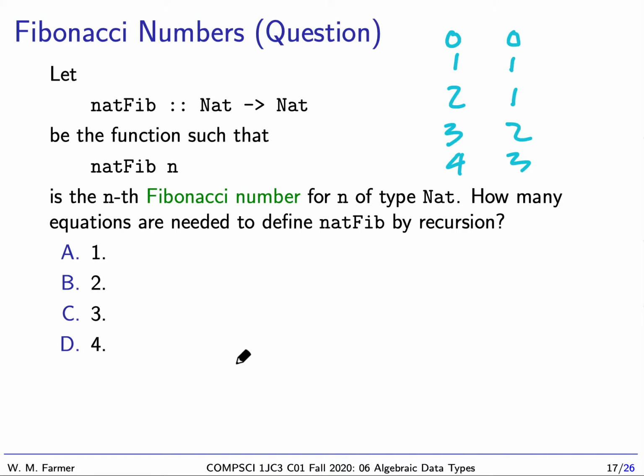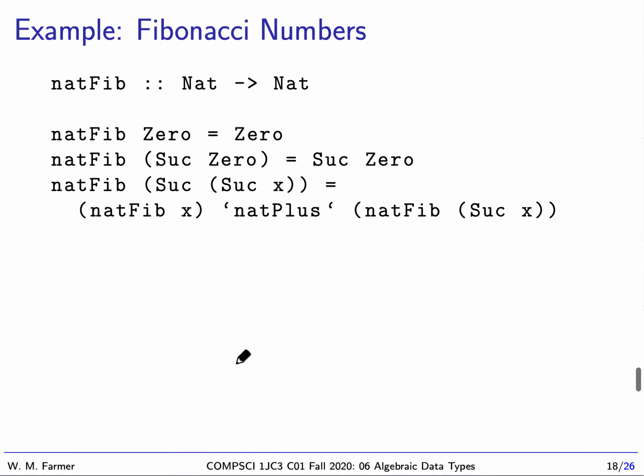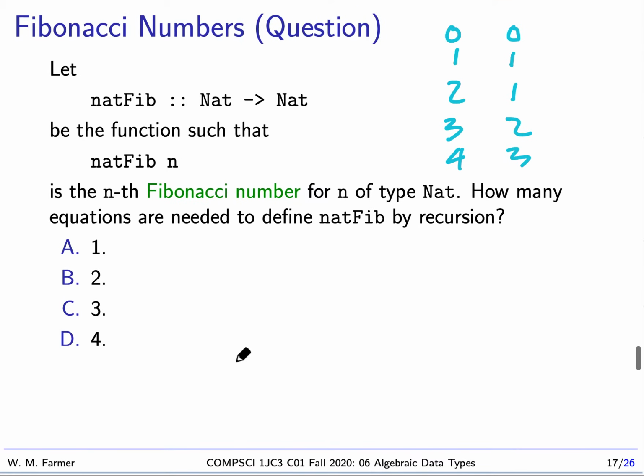Okay, so let's see what we have here. Wait, I forgot to discuss the answer. Sorry. Let me give you a moment, if you haven't already taken a moment to come up with the answer.